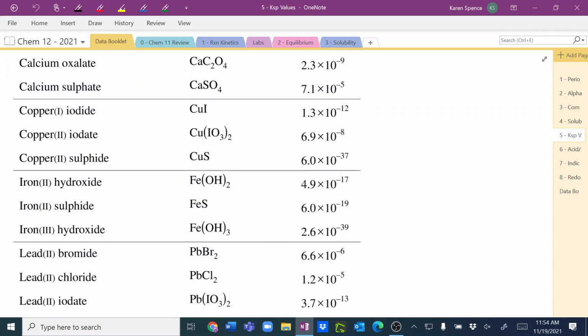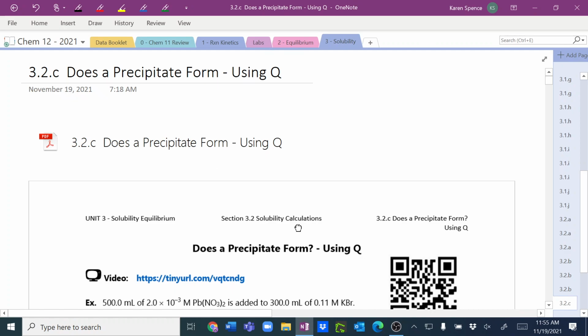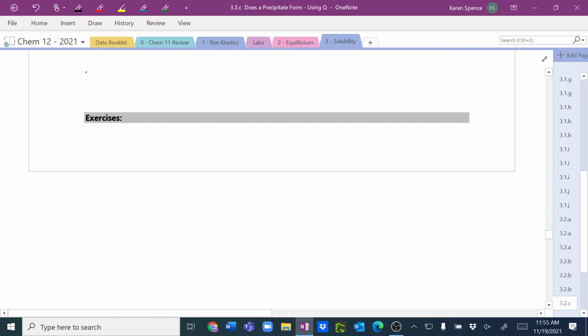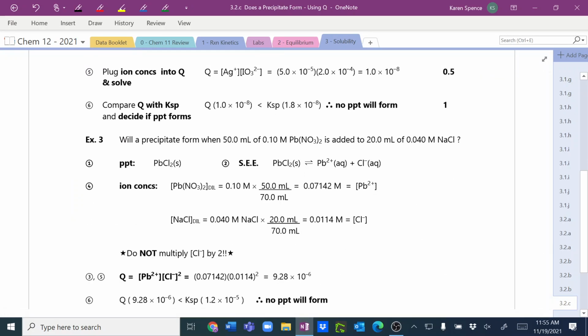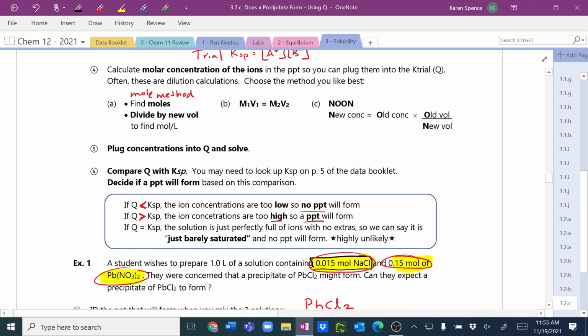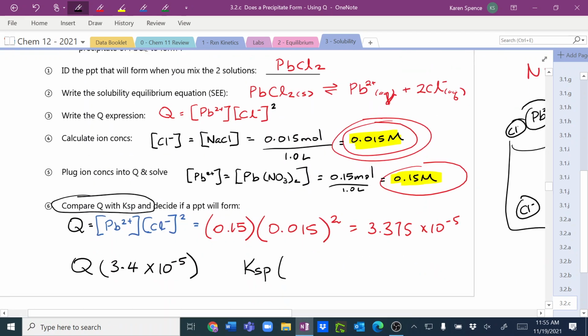Oh, there it is, lead chloride. That's the one we're looking at. It is 1.2 times 10 to the minus 5. Sometimes you'll find KSP given in the question. Other times you will need to go and look it up, okay? That was 1.2 times 10 to the minus 5.